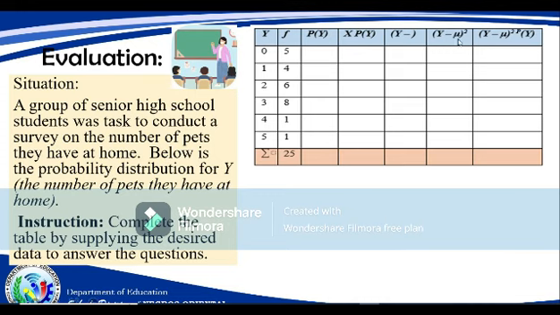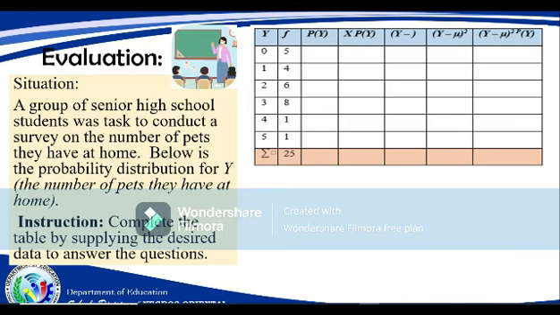okay, you are given already the values of y, the random variable y, the number of pets they have at home. This is your y. Okay, this is the number of pets your classmates have at home.